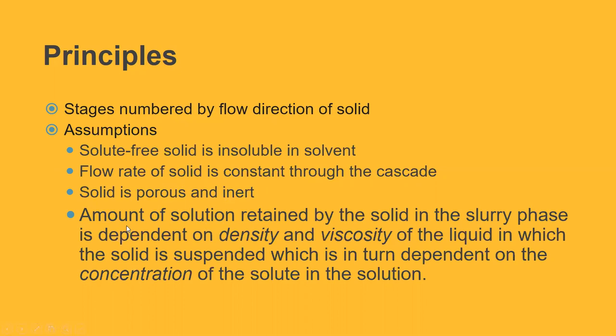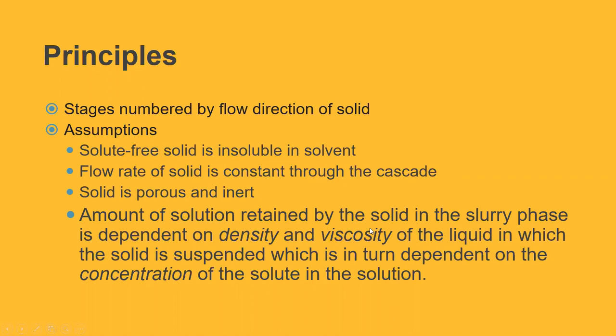Now, the amount of solution retained by the solid in the slurry is dependent on the concentration. So it's dependent on density and viscosity, because the concentration of the solution is also dependent on density and viscosity. The reason why the amount of solution in variable underflow changes is because our solution, as the process proceeds, becomes very unique, and as such its density and viscosity change.